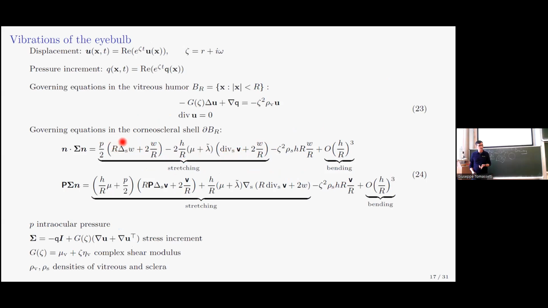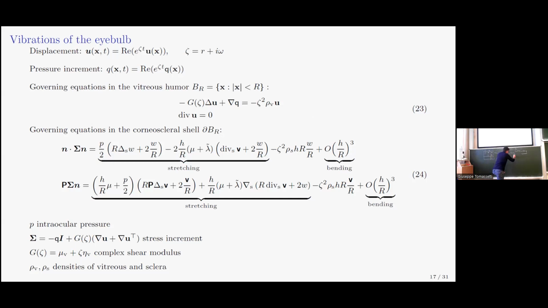For example, the first equation that I'm showing here is equilibrium of forces in the normal direction. So if you look at the left-hand side, sigma is the incremental stress, and sigma n is the traction that the vitreous is exerting on the sclera at the boundary. So just to explain, here inside I have the vitreous, and the vitreous is exerting a force on the sclera.